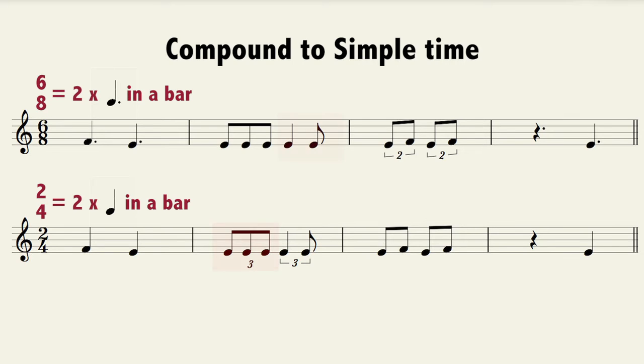With the other rhythm in that second bar, which is a crochet and a quaver in 6/8, that's still a dotted crochet. And what we should do is the same thing. We should put a triplet underneath that in 2/4, which would make the equivalent of those 3 quavers into 2 quavers if we put a triplet sign underneath.